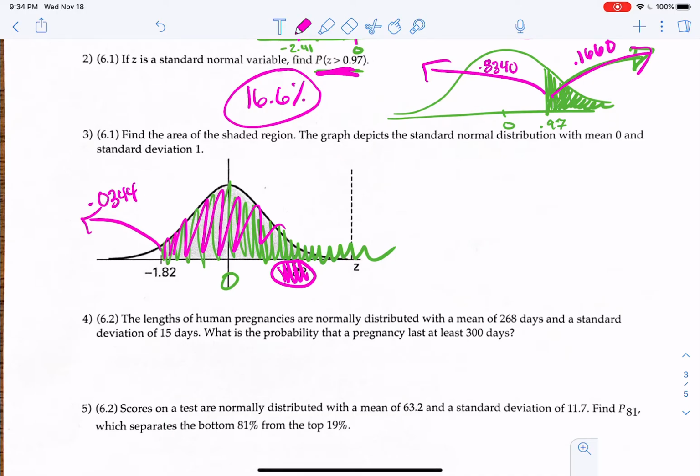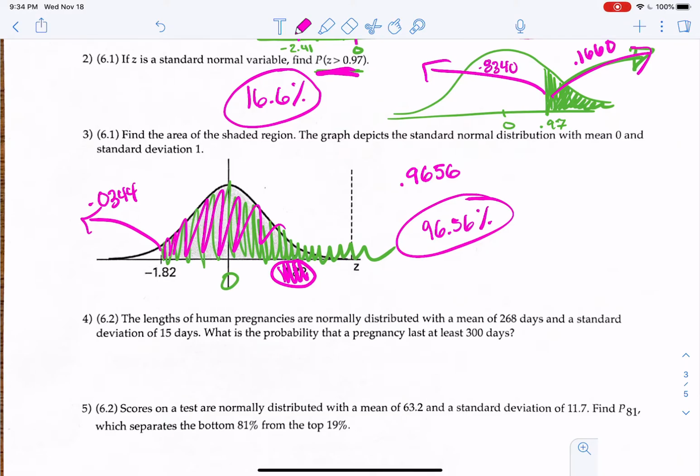I want everything to the right of that, so I'm going to subtract that from 100%, which would be 0.9656, or 96.56%. I don't care how you write it. That's how much of the data will be to the right side of that.